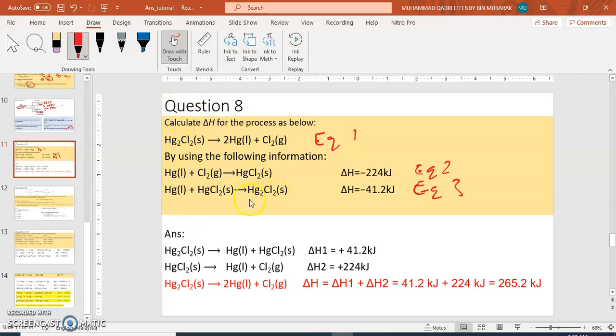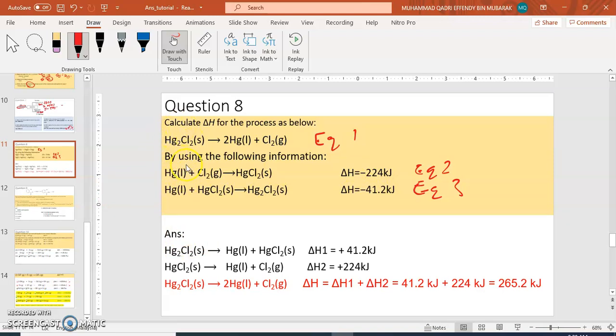For example, in Hess's law there are a few rules behind it, where we can also invert an equation. If we invert the equation, the value will change from negative to positive, for example.